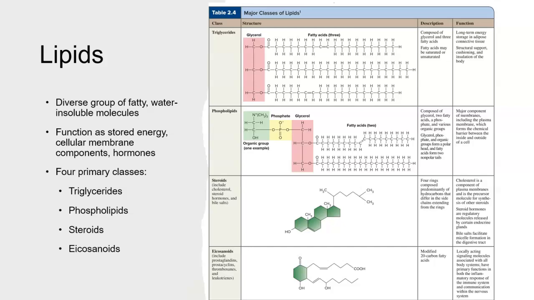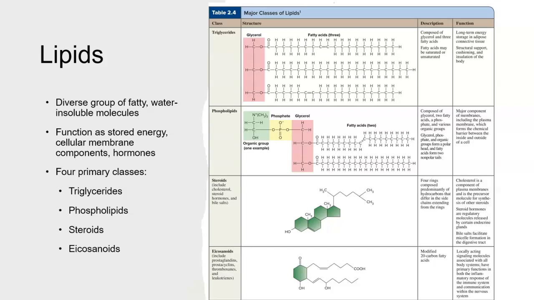So when you hear genesis in A&P, I want you to think of making something or the beginning of. So we take extra lipids, hook them all together, make triglycerides, and we store them in adipose tissue when we have extra lipids in our diet. We're eating a lot of fatty, yucky foods, right?